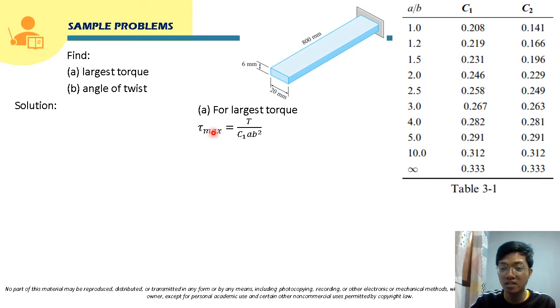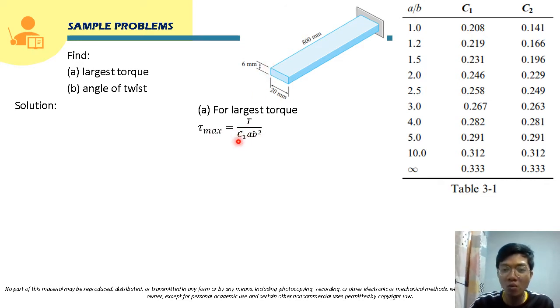The maximum shear stress, or the allowable shear stress, is given, and T is the torque that we are going to solve. A and B here are the dimensions of the rectangle. Again, A is the larger dimension, which in this case is 20 millimeter, and B is 6 millimeter.